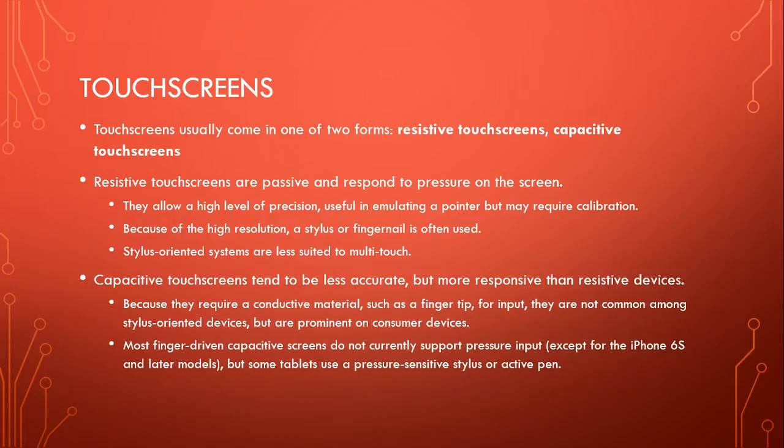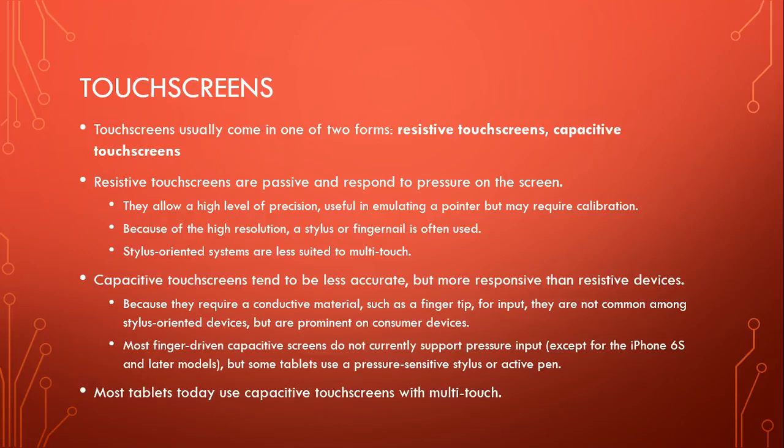You think of your iPads, they're capacitive. Now, most finger-driven capacitive touchscreens do not support pressure input. But some tablets use a pressure-sensitive stylus, or the active pen, so even though the screen may not be, the stylus itself has a pressure-sensitive tip that will register how hard you're pushing on it.